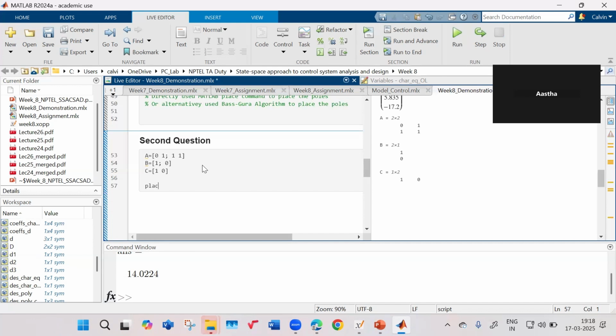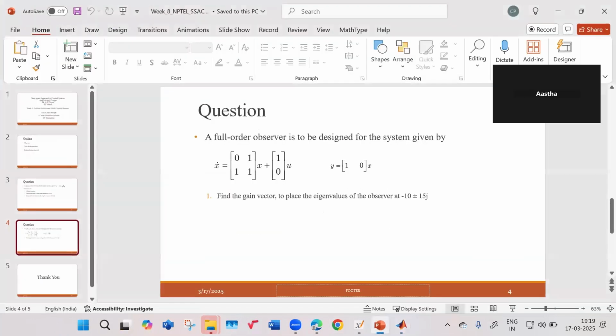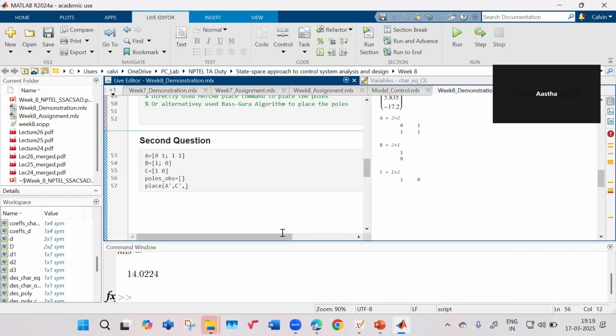So now since we have to place the closed loop poles, we do A transpose, comma, C transpose, comma, whatever pole location. The poles of our observer, we want them to be at minus 10 plus or minus 15, so minus 10 plus 15 into i and minus 10 minus 15 into i.